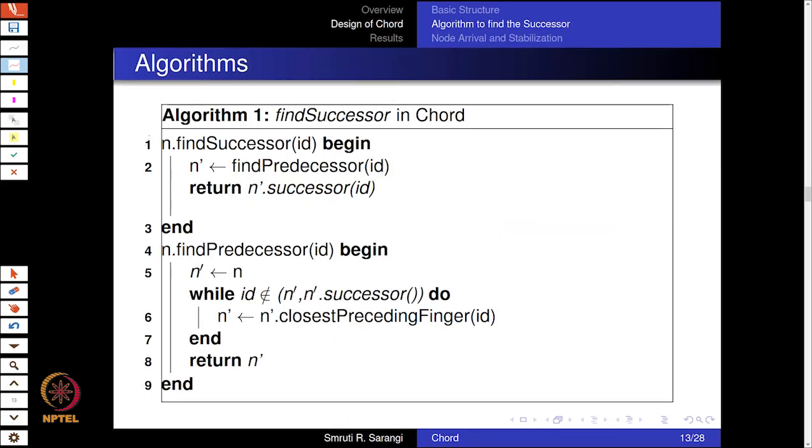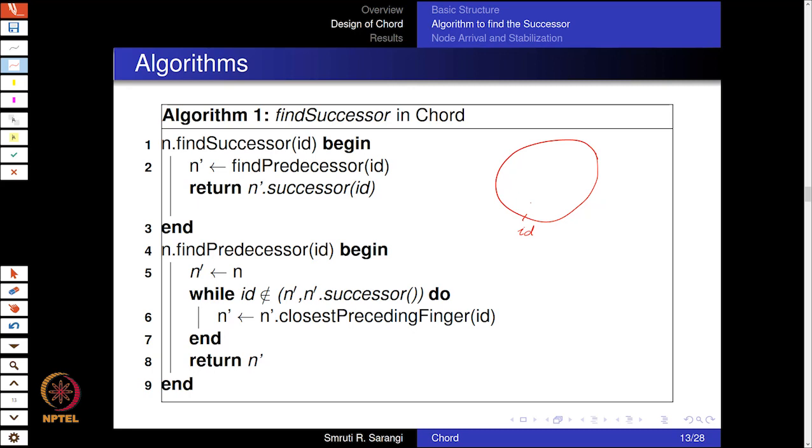Let us now discuss the algorithm to find the successor. The key idea is that if I have the ring and an ID, I want to find the successor node of this ID, the one that this ID is mapped to. This can be the ID of a key or the ID of a node, so it doesn't matter at this point what it actually is.